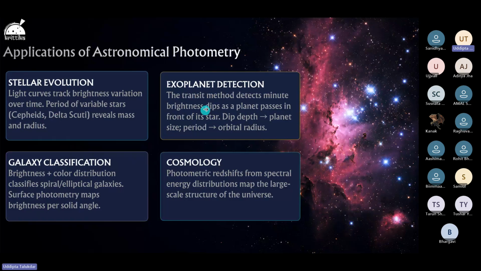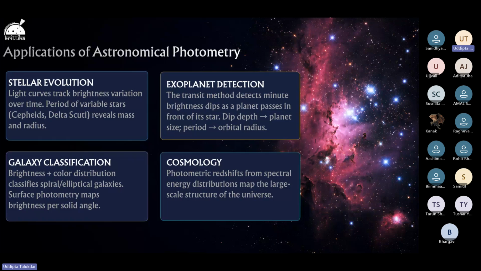Next is exoplanet detection. When a planet passes in front of its star, it blocks a tiny bit of light. Photometry catches that dip. Imagine a mosquito flying in front of a stadium floodlight. From far away, you would barely notice. But if you had a sensitive enough detector, you would see a tiny drop in brightness.